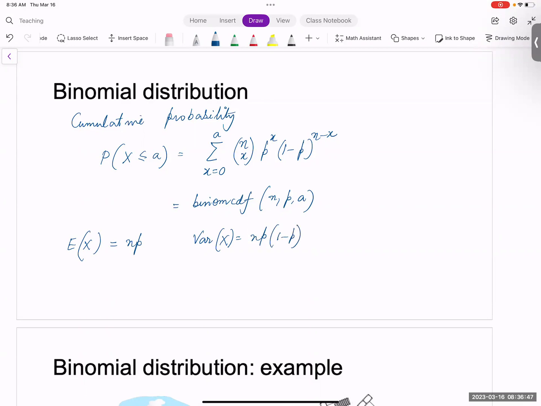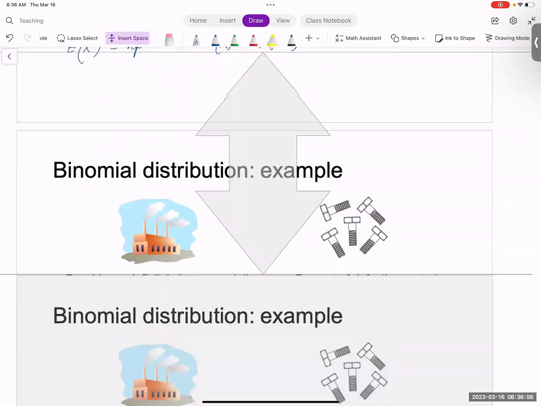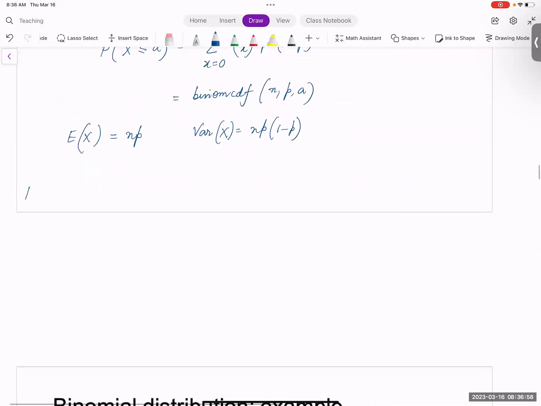Okay. Let's do a very quick example here, which I like to do all the time. Let me create some space. Let's say your favorite team is going to be playing a season with 70 games.